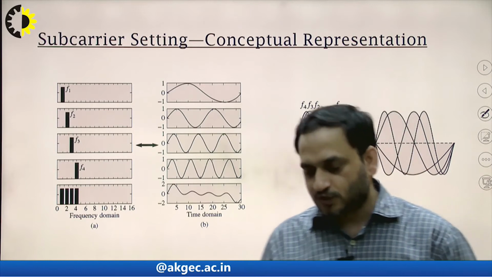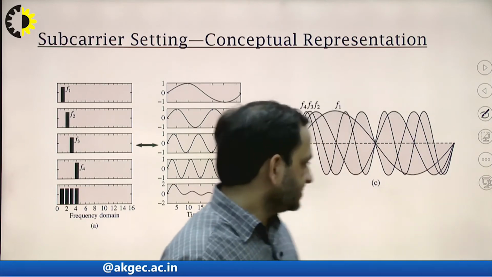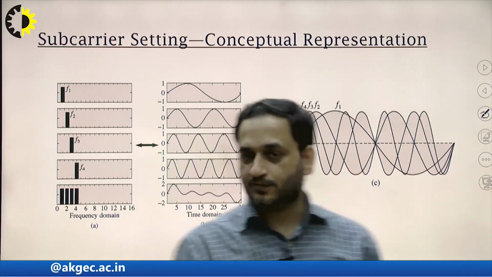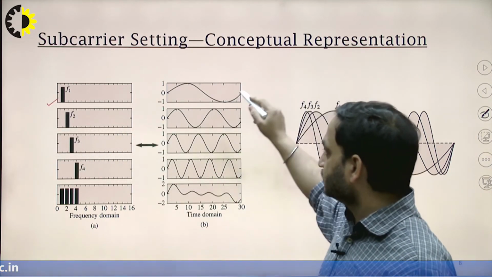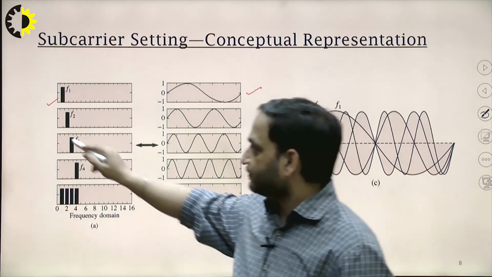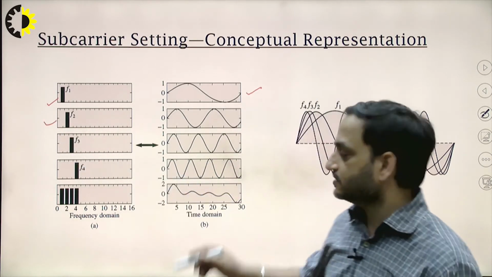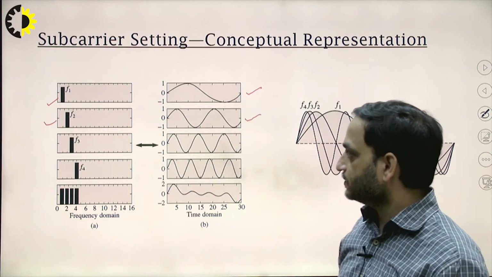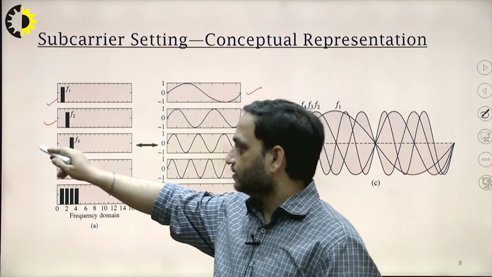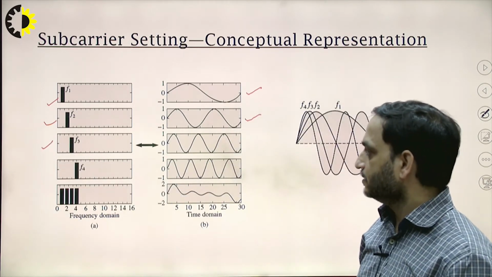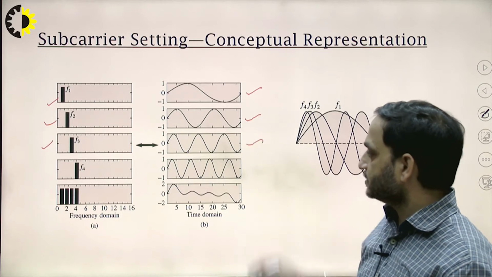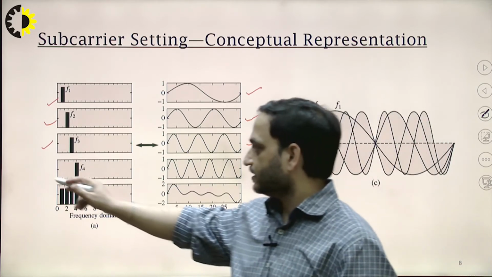The conceptual representation of the multi-carrier system is as follows. Suppose we have the f1 frequency symbol and its corresponding signal, then the second frequency f2 with its signal, then the next signal passing through the f3 carrier, and similarly f4.